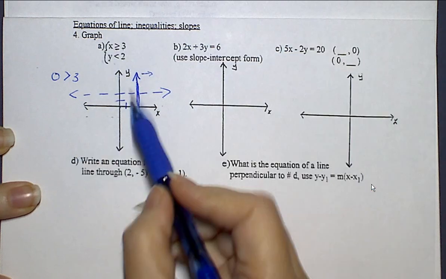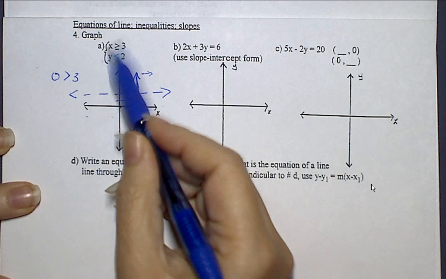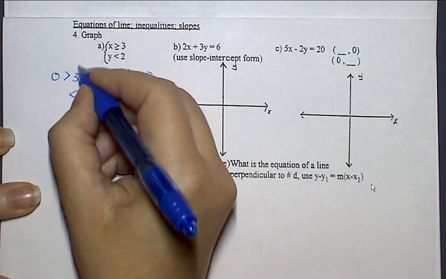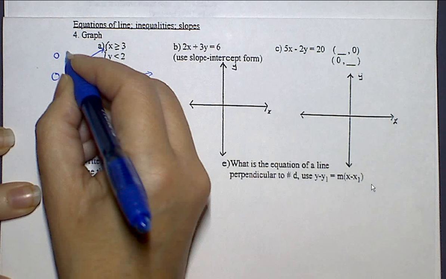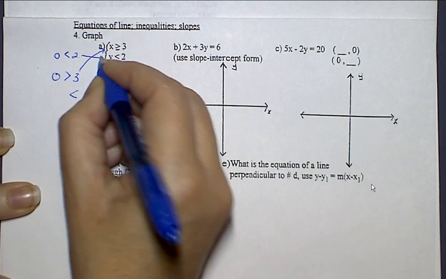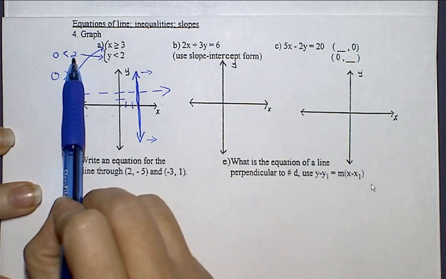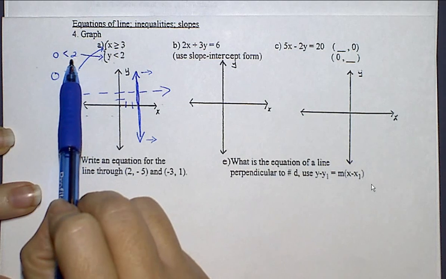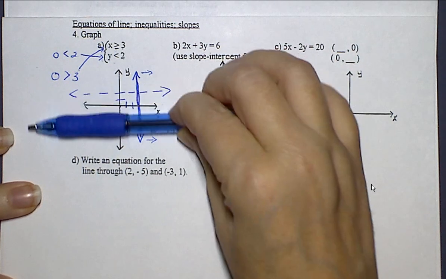So again, I'm going to pick the point 0 because it's not on the line. So 0 is less than 2, right? Because that's the one we're doing right there. That's true, right? So since that's true, that means we're shading below this line.